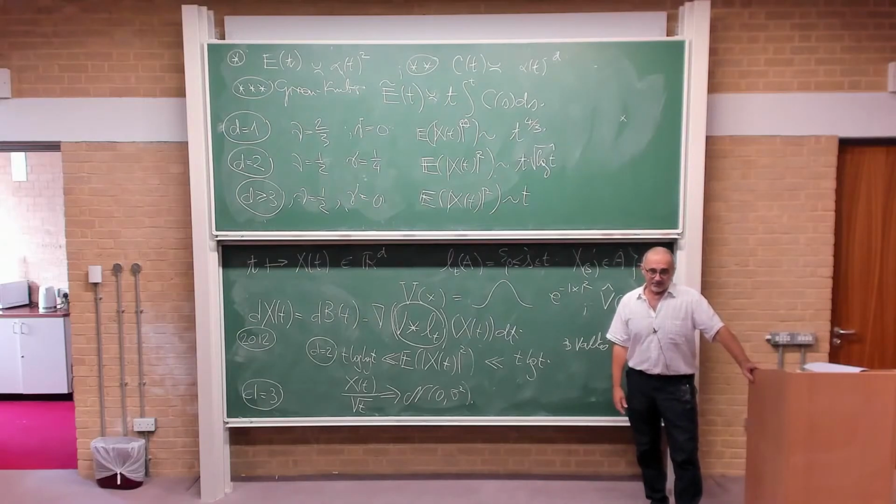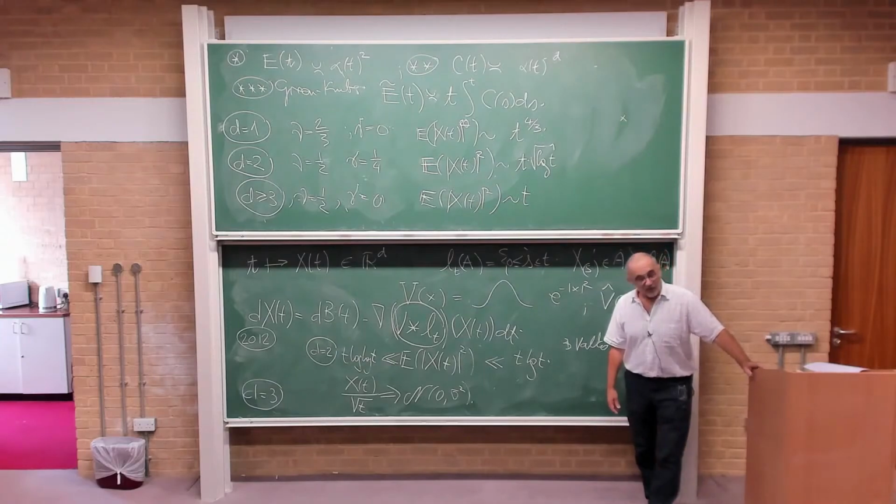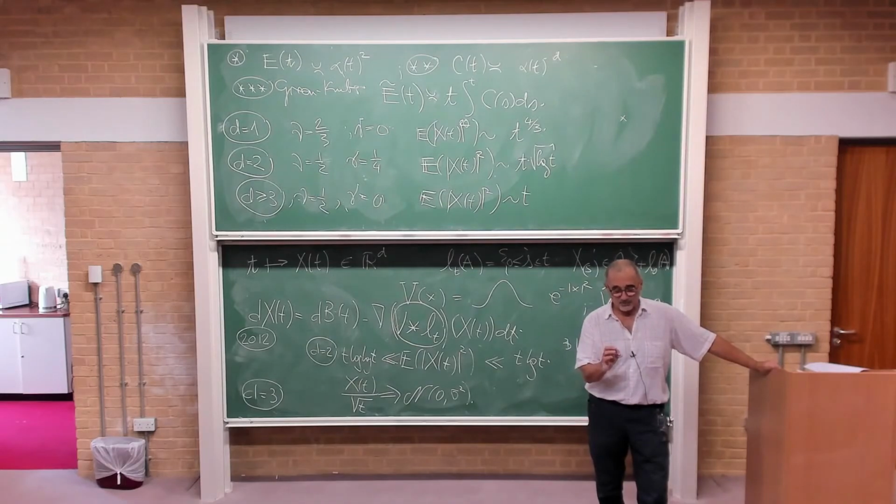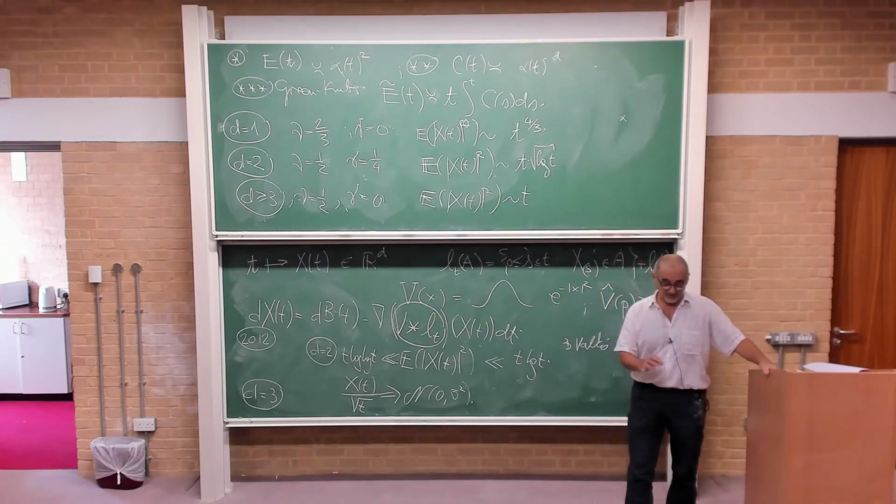There are other examples. Of course, my time is gone, but there is this random walk in divergence-free random drift field, which is revived now by some new works. That's a different kind, but it's related somehow to this.